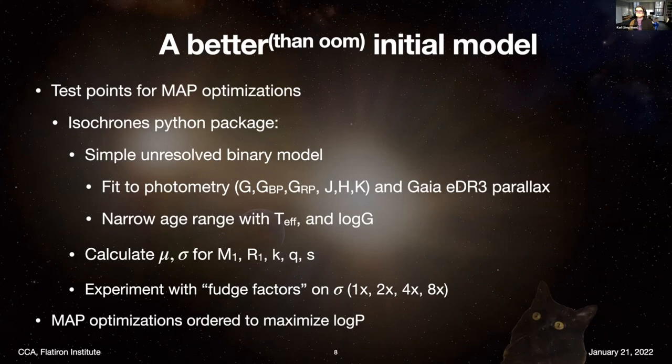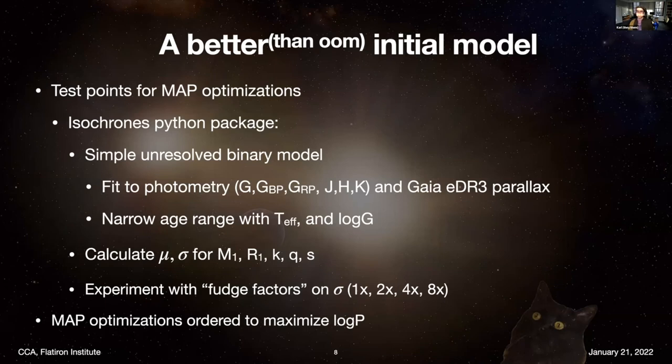And then with the fit results, we calculate the estimates for the primary mass, the primary radius, and the k, q, and s ratios. We did experiment as well with a fudge factor on the standard deviations of these values, multiplying them by a factor of 1, 2, 4, and 8.